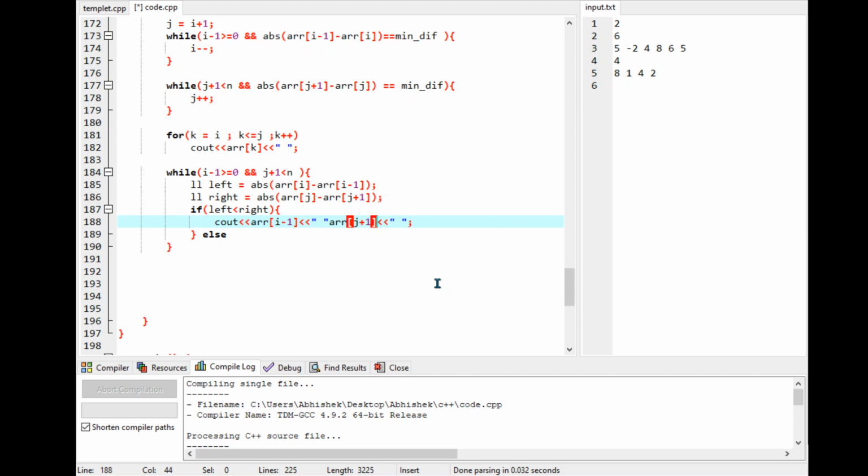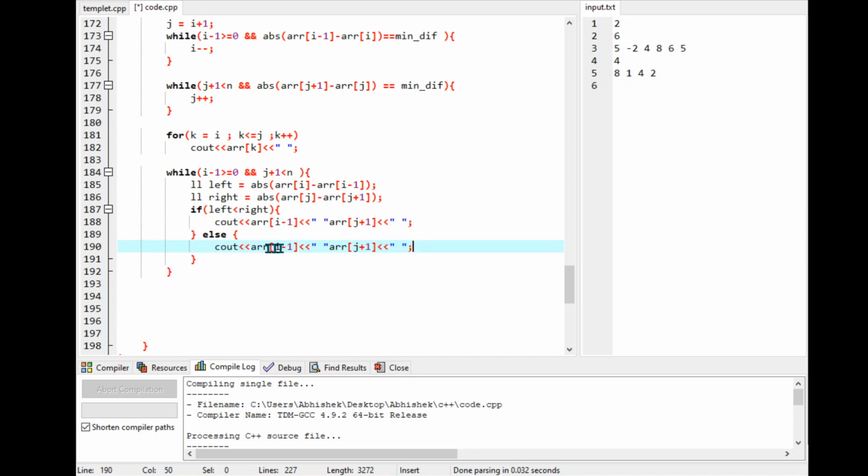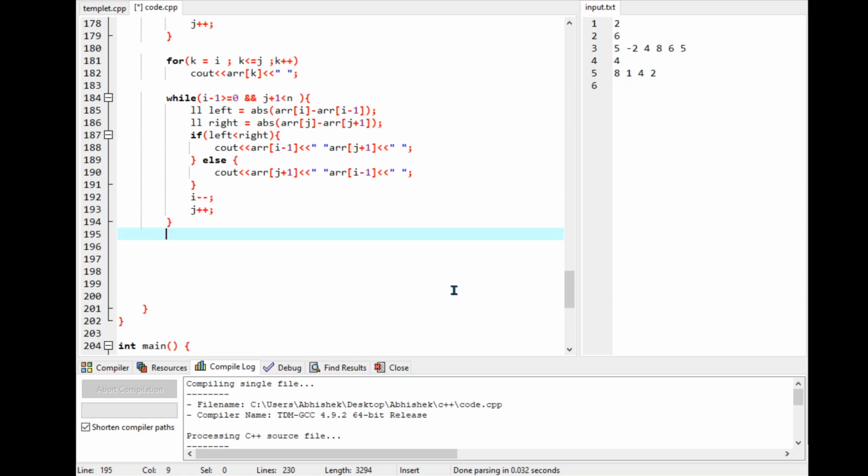So we will first print this here, and else we would just print it in reverse order. So here it would be j plus 1 and here it would be i minus 1, and after each of these operations we would do i minus minus and j plus plus.